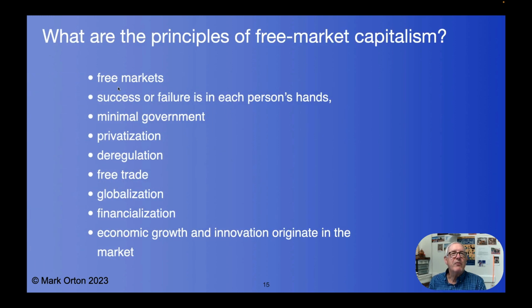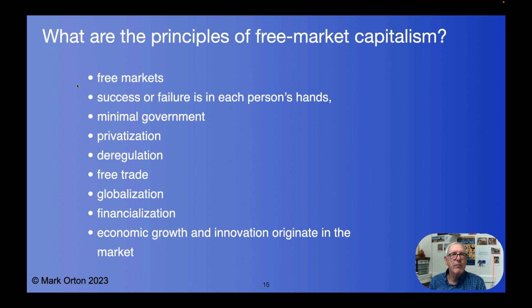And you're not going to be surprised by the principles of free market capitalism because they are so deeply embedded in our public thinking, in our academic thinking, in our politicians' minds, in the mass media. They've been extremely successful in spreading these ideas around.